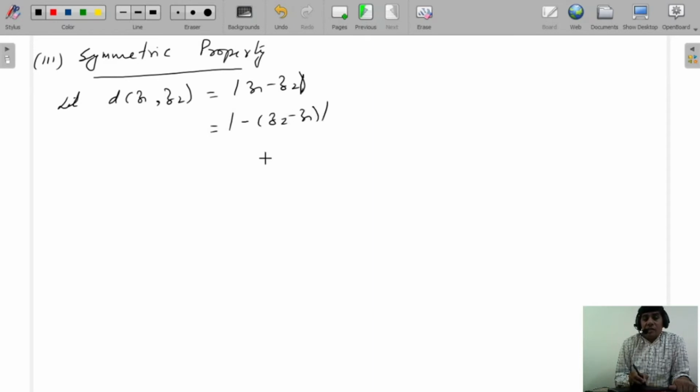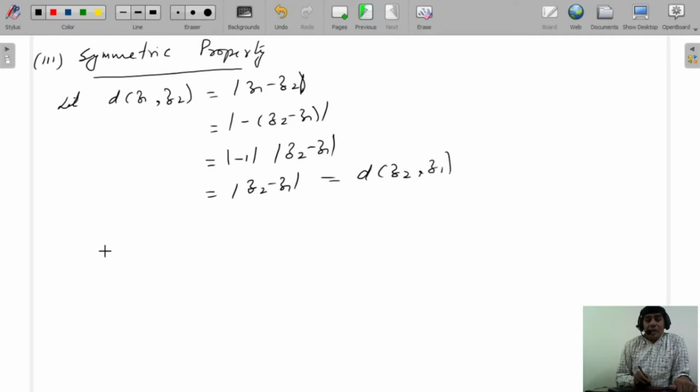We can write it as modulus of minus 1 into modulus of z2 minus z1. Modulus of minus 1 is 1. So, which is equal to modulus of z2 minus z1, which is equal to d(z2, z1). So, symmetric property is also satisfied.